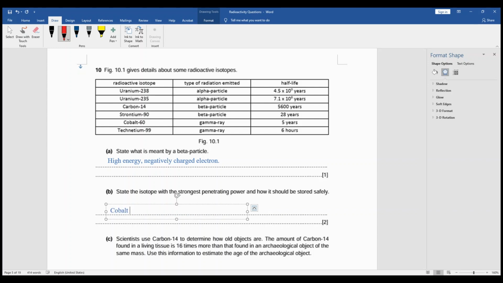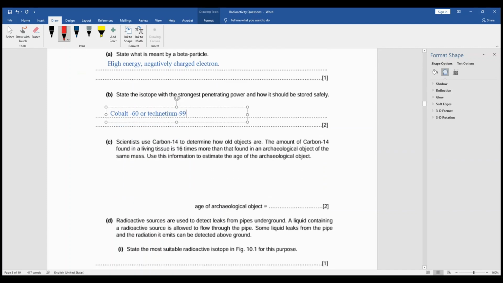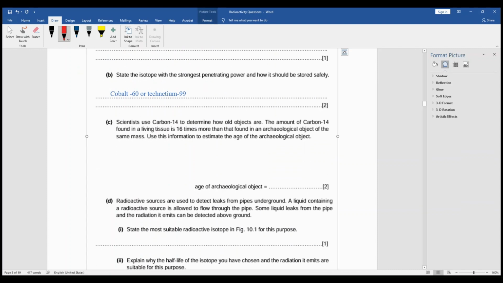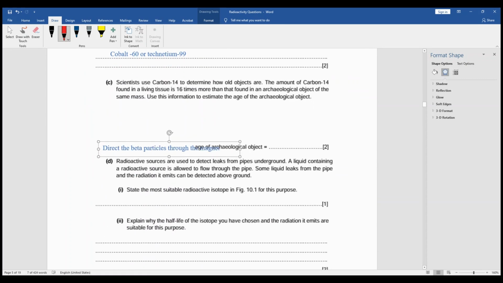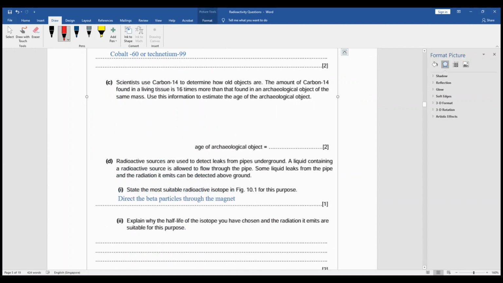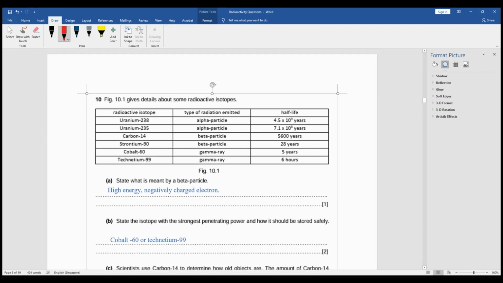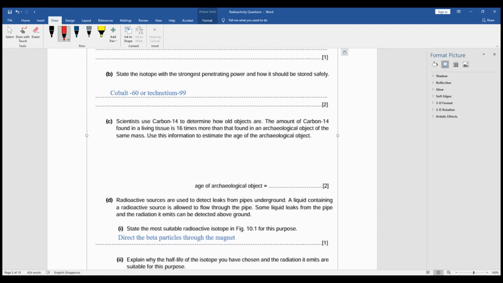Cobalt 60 or technetium 99. So that's my answer. This is for the next one. I'm going to use my pen. 16 times more means it has dropped by 1 over 16. The amount of carbon 14 found is 1 over 16.